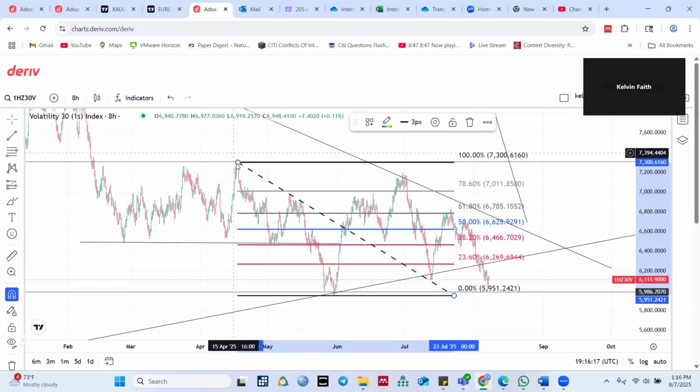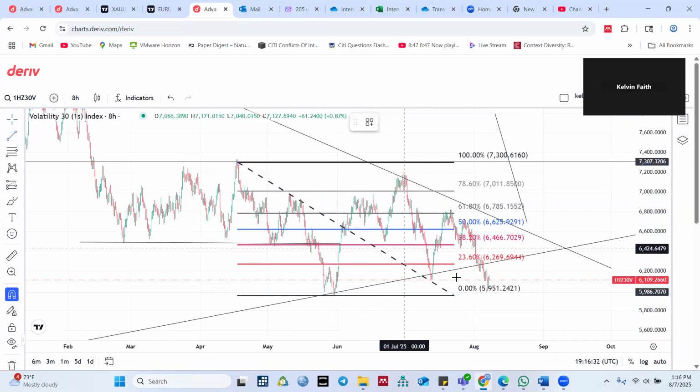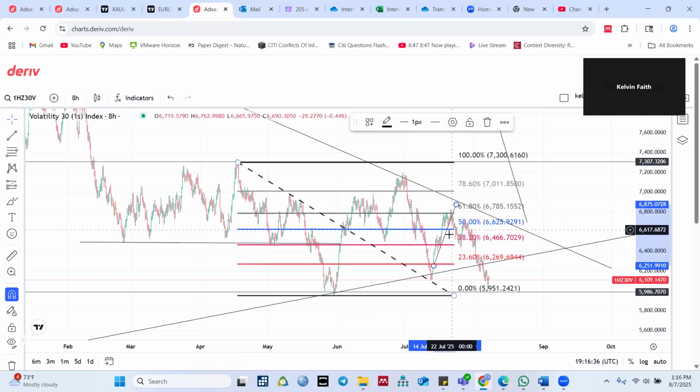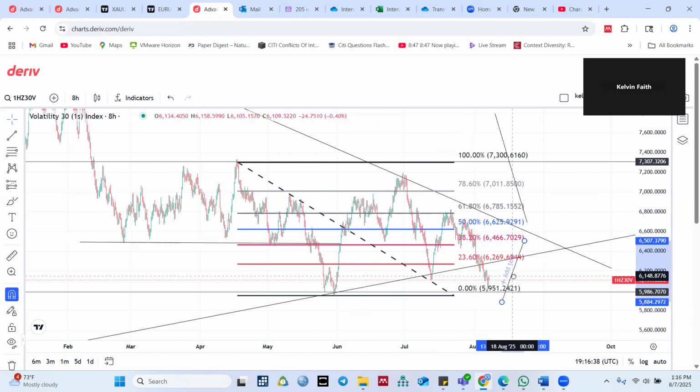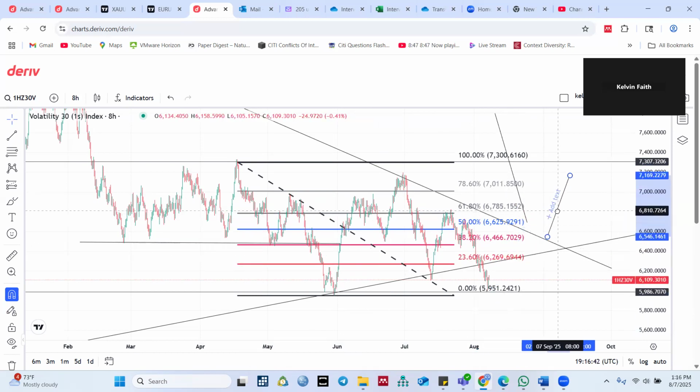So around here is below 50%, discount. And that's why we got this buy to the upside. But whether we will get another buy to the upside right now, we don't know.